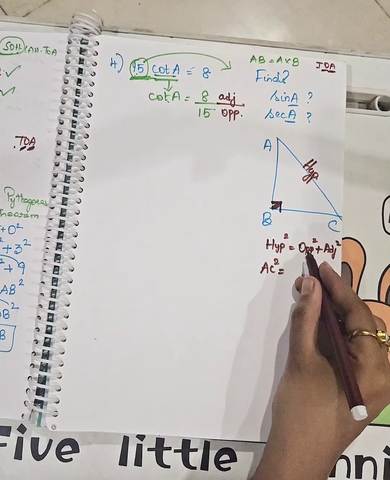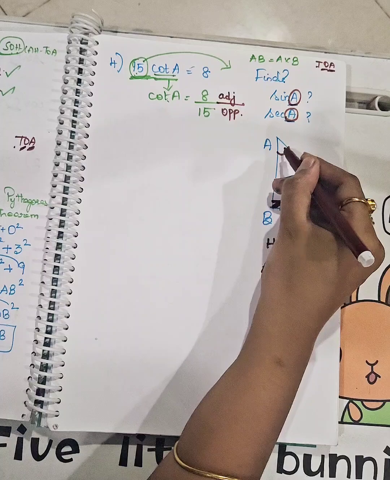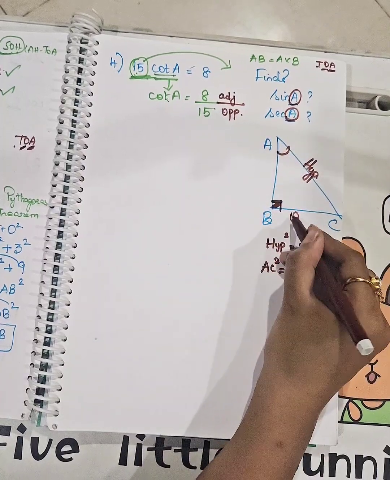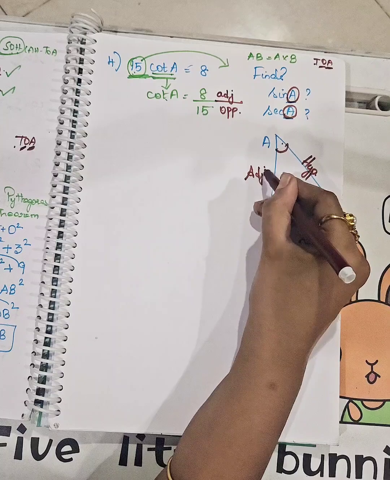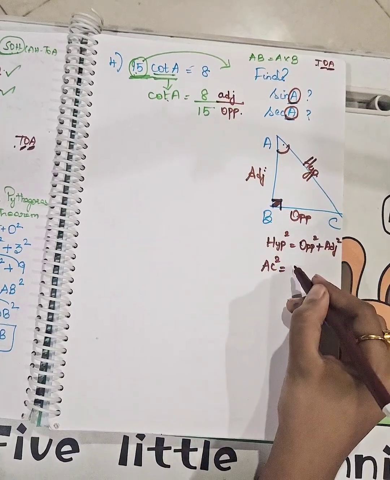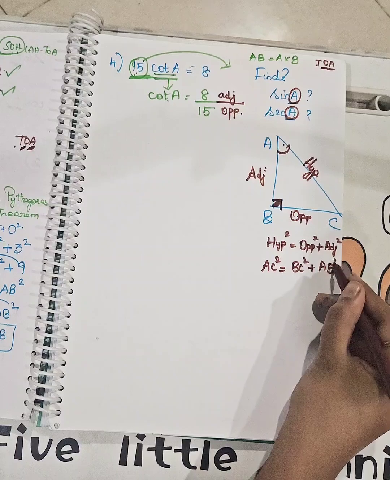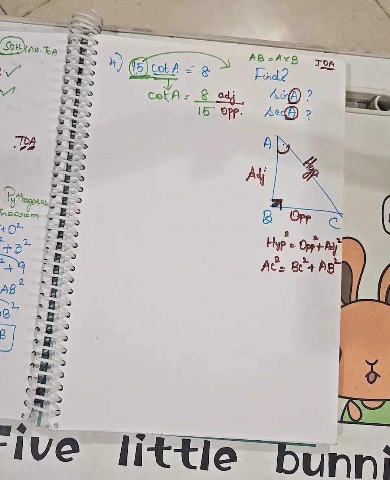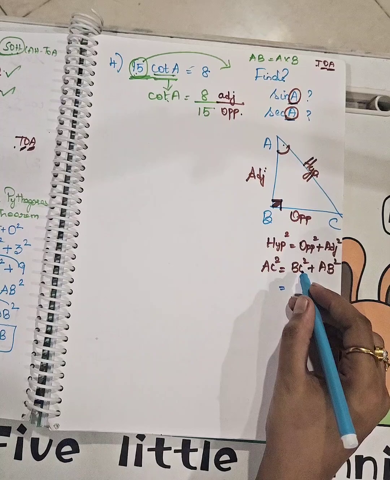AC square is equal to opposite square. Opposite of which angle? They have given A here. So what is the opposite side? BC. Which is adjacent to A? AB. So opposite side is BC square, adjacent side is AB square. Let us substitute it first. Do we know BC here?